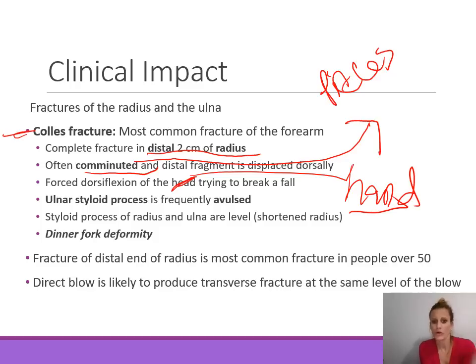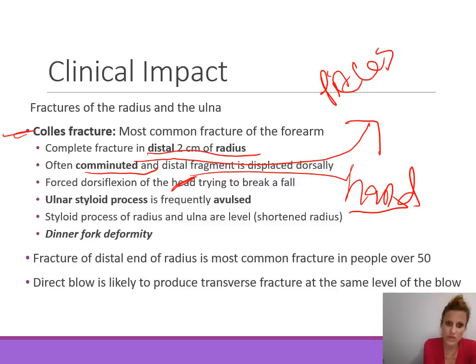So with a distal radius, it's broken into pieces, and the distal fragment is typically displaced dorsally. So the small distal fragment of the radius sticks out towards the back of the hand. So there's like a hump sticking up dorsally towards the back of the hand by the wrist. There's this weird curvature, a dorsal curvature of the wrist and hand.